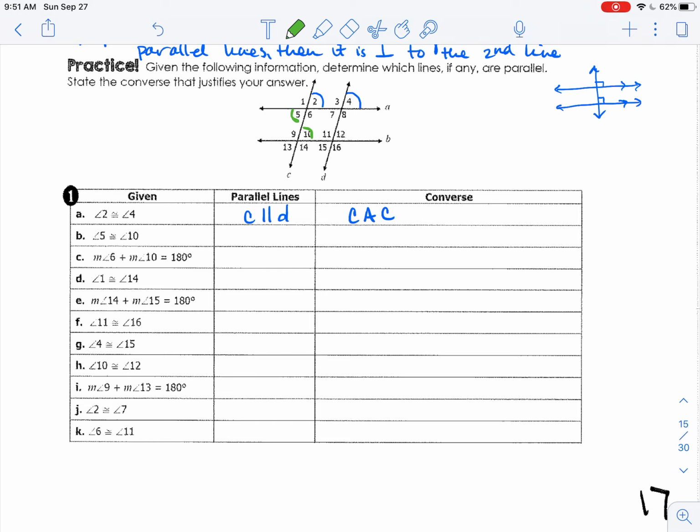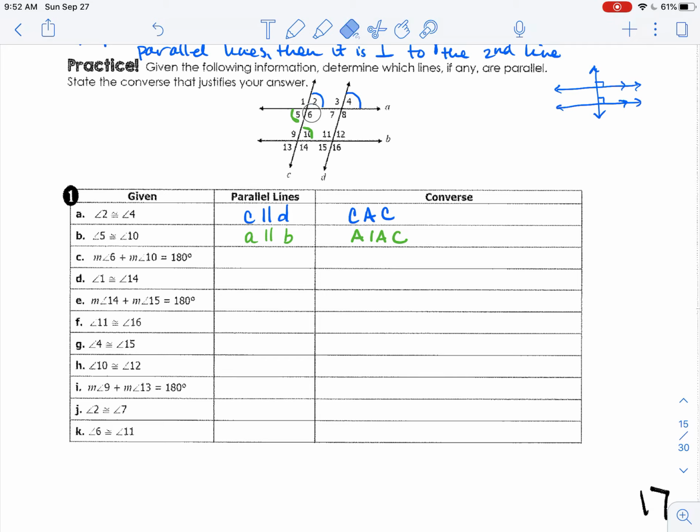We can see that these are on alternate sides of the line. So line A is parallel to line B, and this is the alternate interior angles converse. These are on opposite sides of this transversal. These are the angle pairs, so these are the parallel lines.